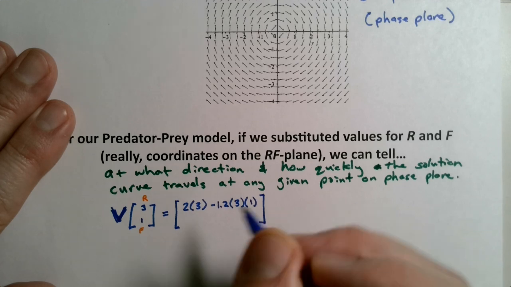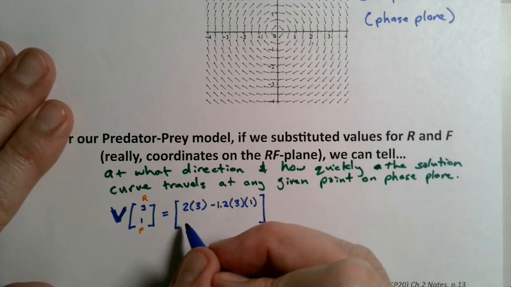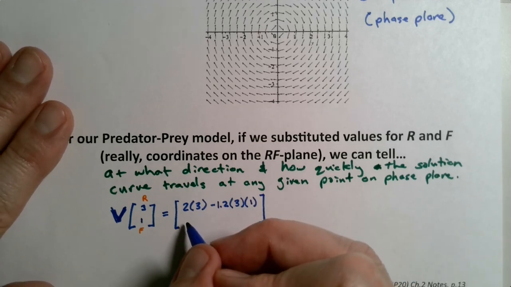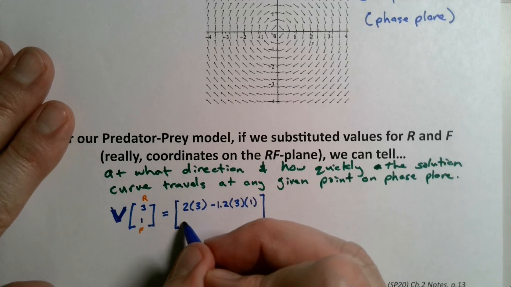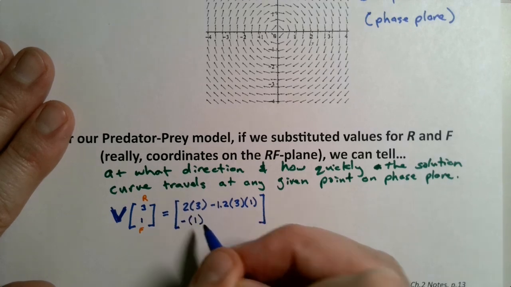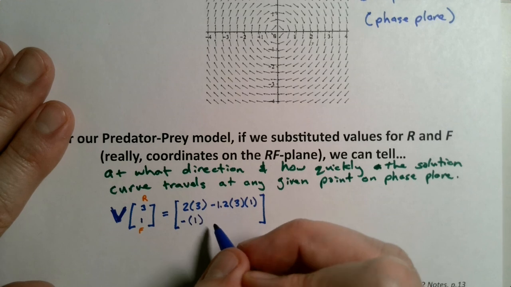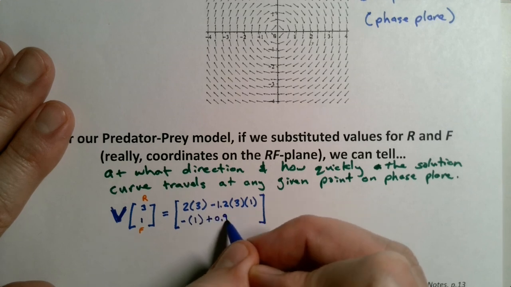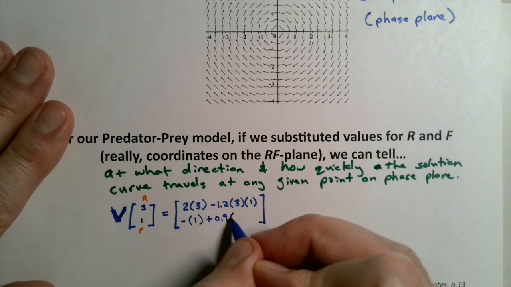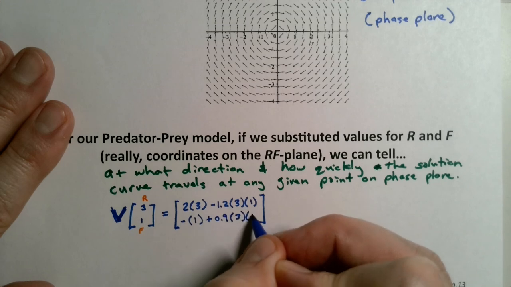And in the bottom would be the df dt equation, which was always negative the fox value, negative 1, plus 0.9 times rabbits times foxes, 3 times 1.